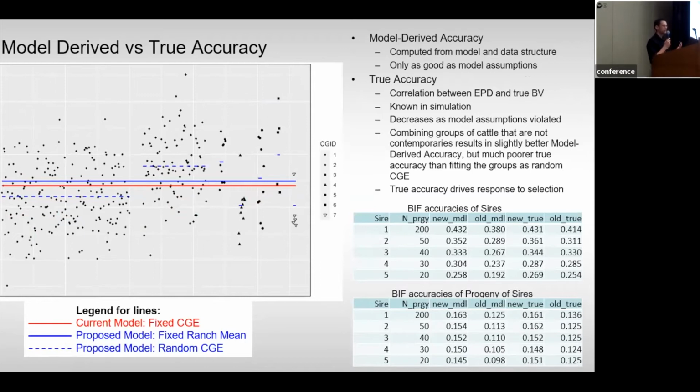What happens is if a breeder incorrectly thinks that if I group together animals that truly should not be grouped together, and I do so because I want a larger contemporary group, thinking that that's going to lead to larger accuracy values, what might happen is I actually do get larger model-derived accuracy, but because I incorrectly grouped animals together, I actually could get lower true accuracy. So if you have animals that should not be grouped together, but you do so thinking you're creating an advantage in accuracy, you could actually be shooting yourself in the foot.